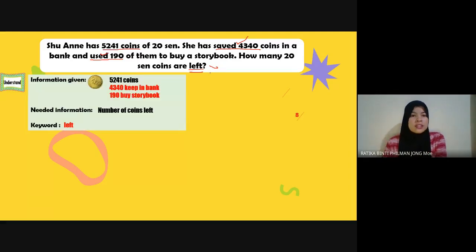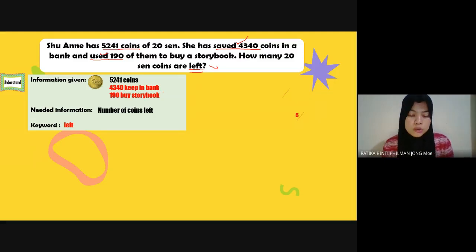So, okay, the information given, Shu An has 5,241 coins and 4,340 she keep in the bank. 190 coins she used to buy storybook. Ini dia belanja. Okay, bila kita belanjakan duit, maksudnya duit tu semakin berkurang.